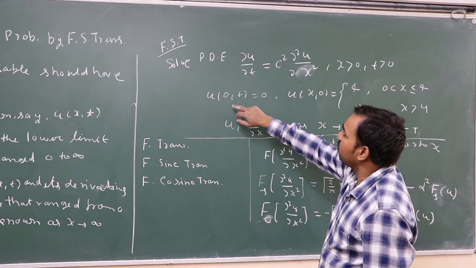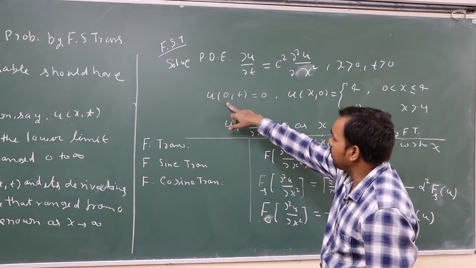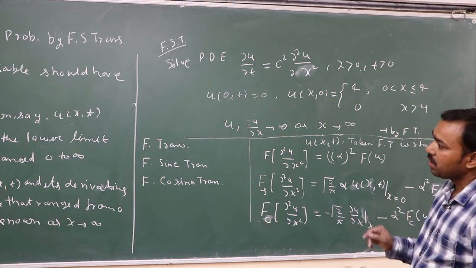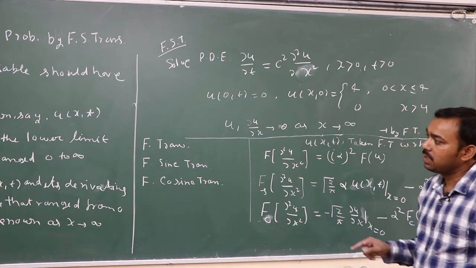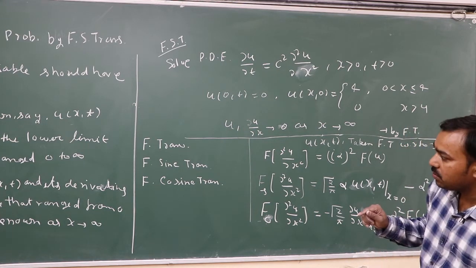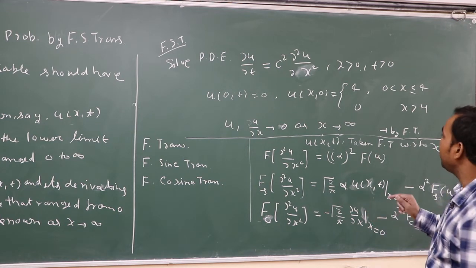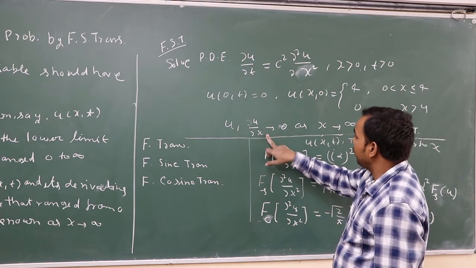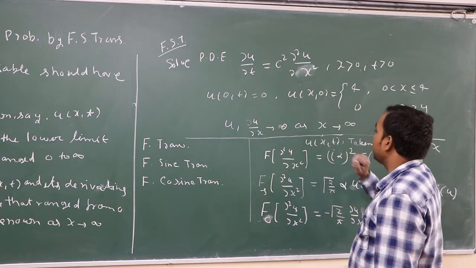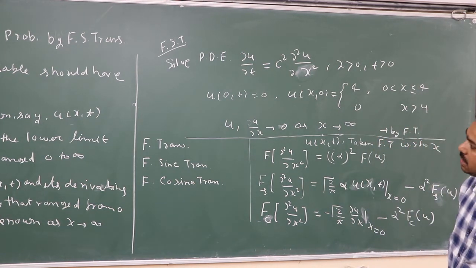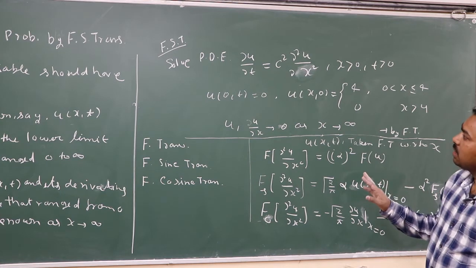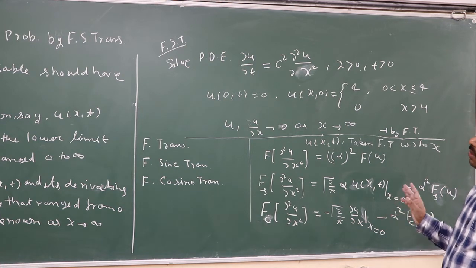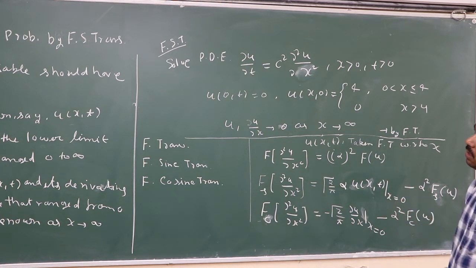The value of the unknown at x equal to 0 is also given, so two conditions are satisfied. Third is the behavior of u(x,t) and its derivative, which must be known as x goes to infinity. Here the unknown and its derivative are 0 as x goes to infinity. So all three conditions are satisfied, and we can say this problem is solvable by Fourier sine transform.